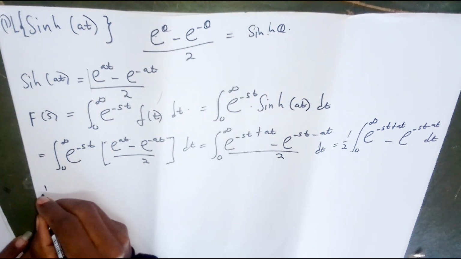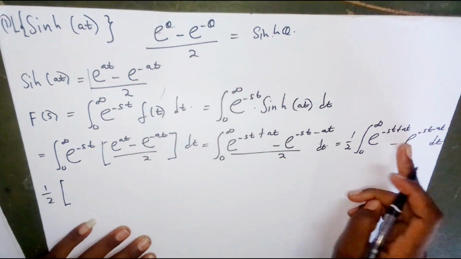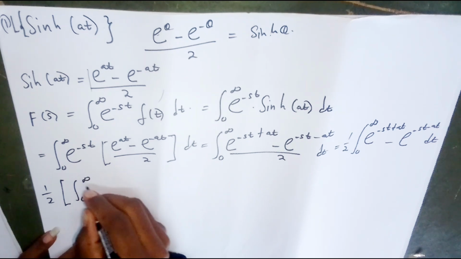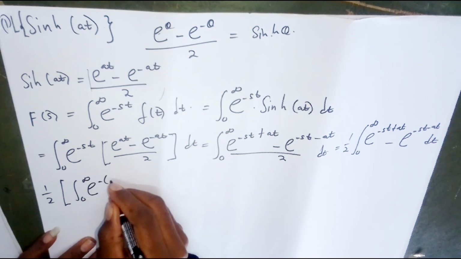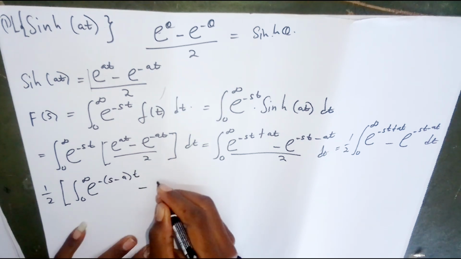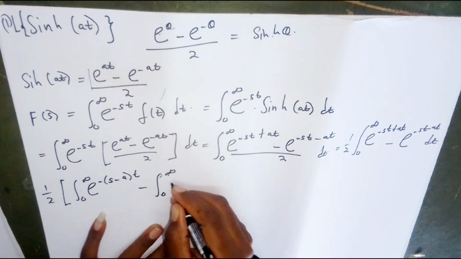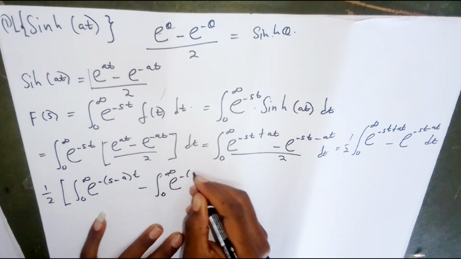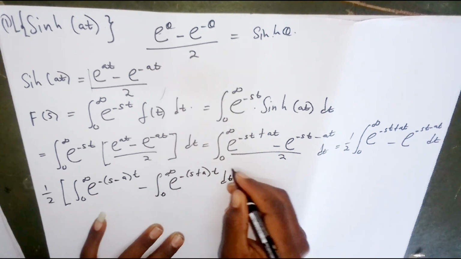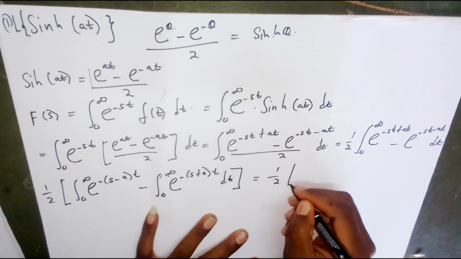And now I would like to put an integral also here. So we say the integral from 0 up to infinity of e to the power negative (s minus a)t, minus the integral from 0 up to infinity of e to the power negative (s plus a)t dt, and we can integrate.